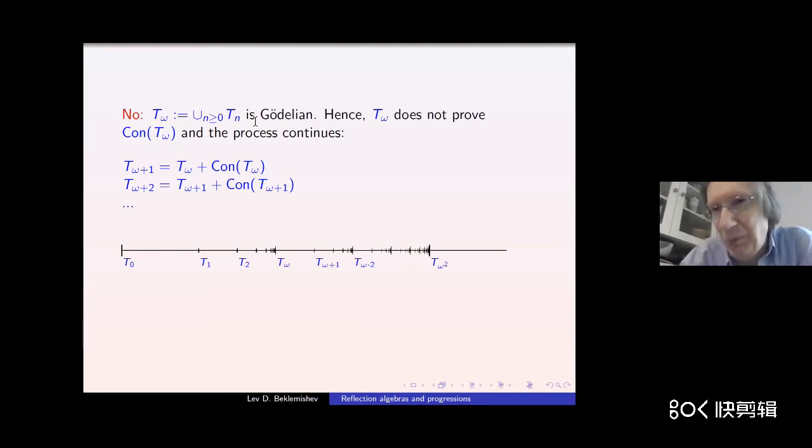It is in fact computable because the formulas con Tn are strictly increasing in their length. So this is all computable. So the theory T omega is Gödelian, and we can start the same process from T omega onwards and obtain theories T omega plus 1, T omega plus 2, and so on and so on and so on.